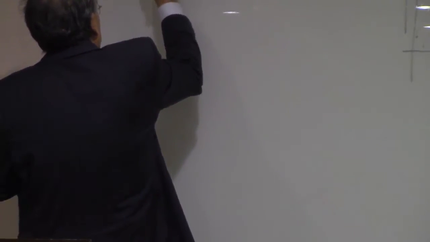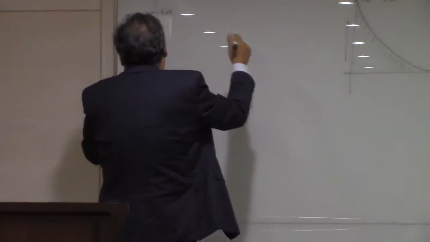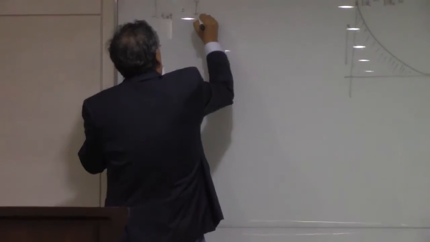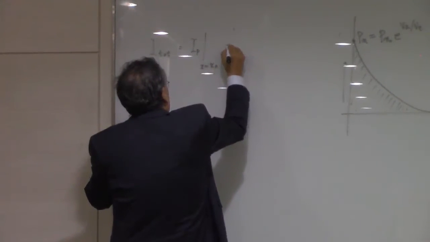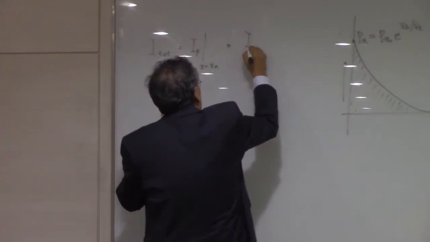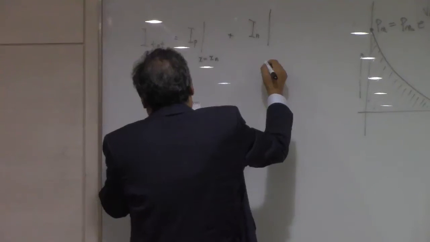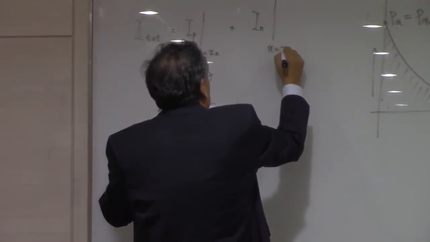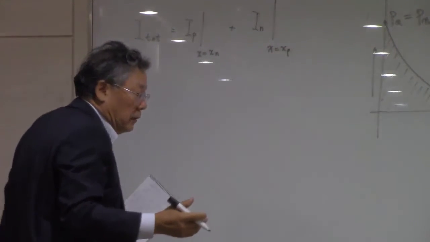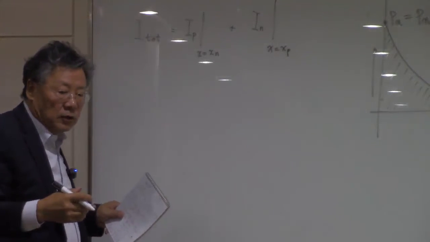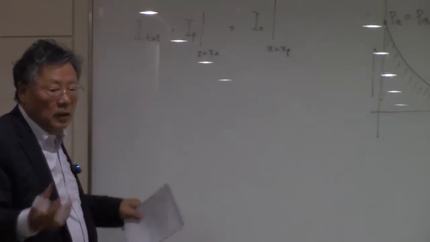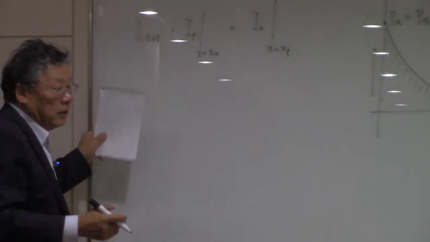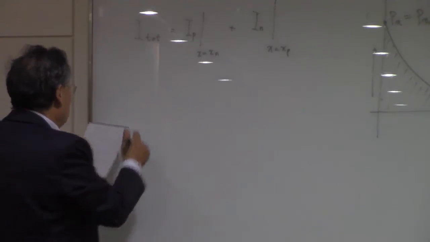Now we have a contribution of both sides, a hole current and an electron current, at x equal xp. They flow in different directions, but the sign of the charges is opposite, so the total current should be added together.